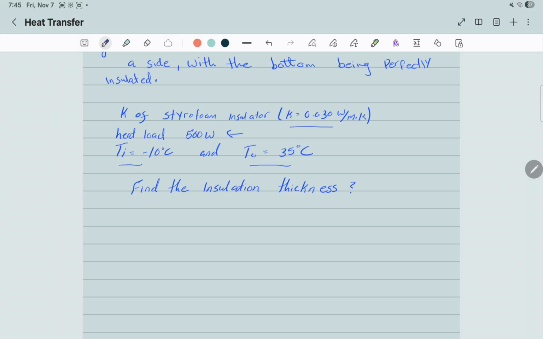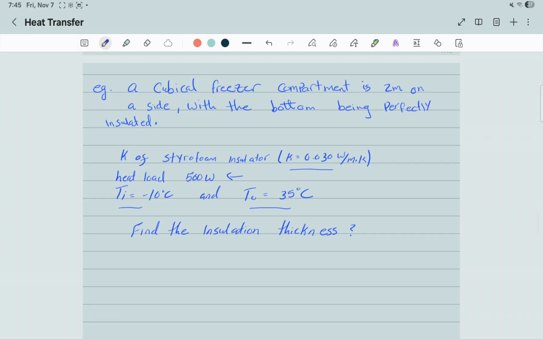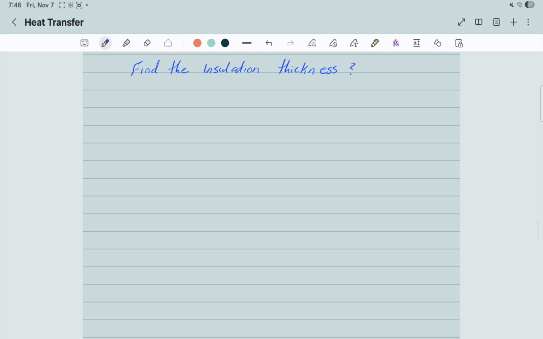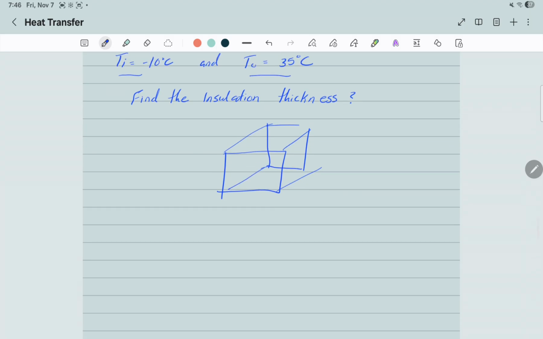Find the insulation thickness. So, as I said, before you start solving anything, draw a schematic and write down your givens in that schematic. So, let's draw a cubicle freezer. Something simple like that.